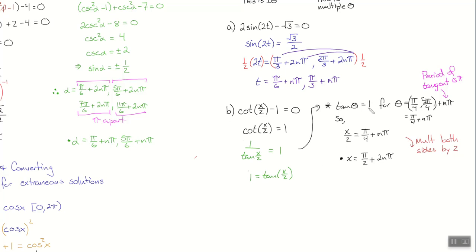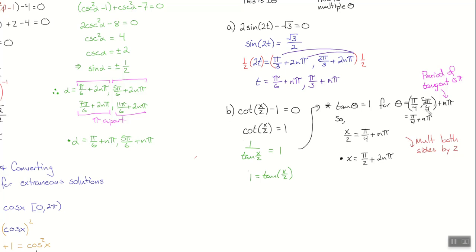The other part of this problem, though, where I was concerned that I can foresee some issues happening, is I know that tangent is 1 at pi-4ths in quadrant 1, and it's also positive 1 at 5 pi-4ths, which is what we had. And these are exactly half a circle apart.